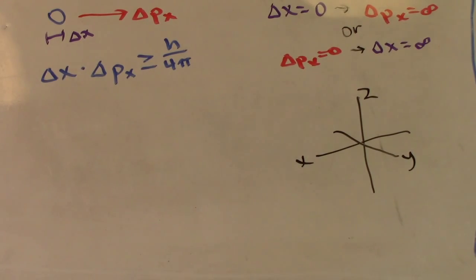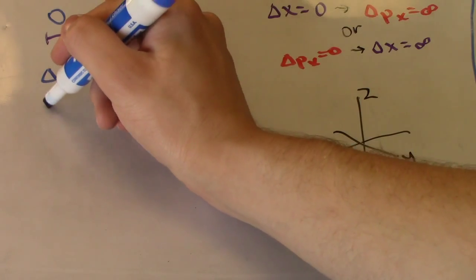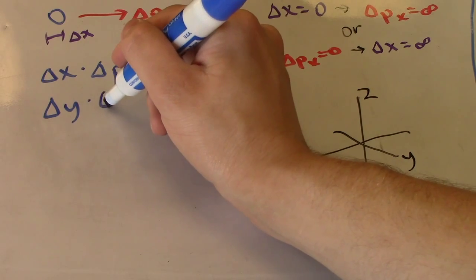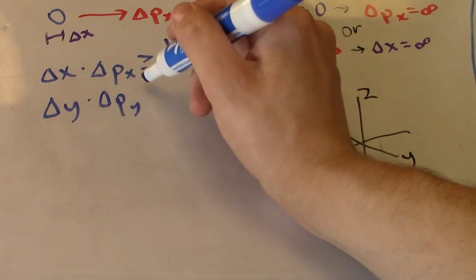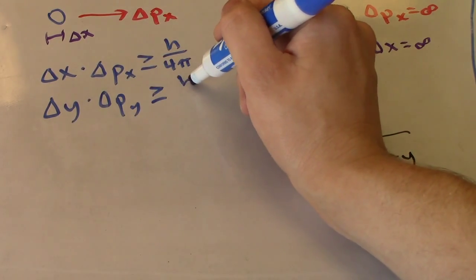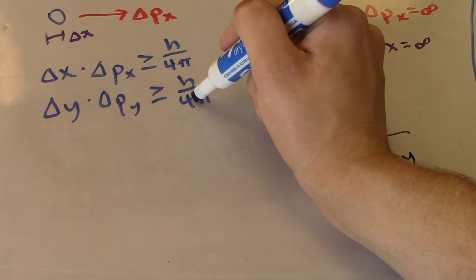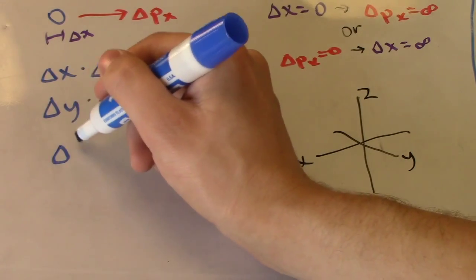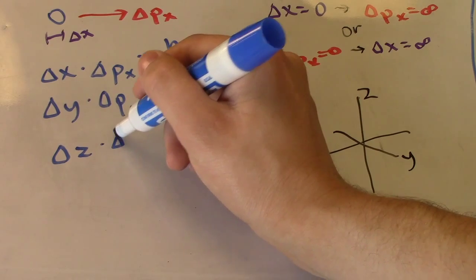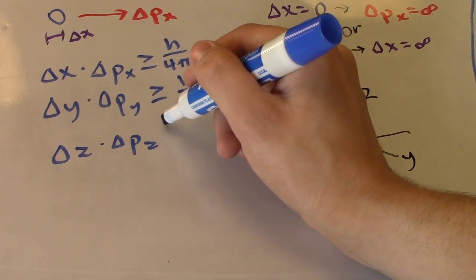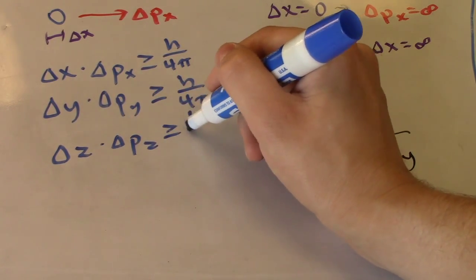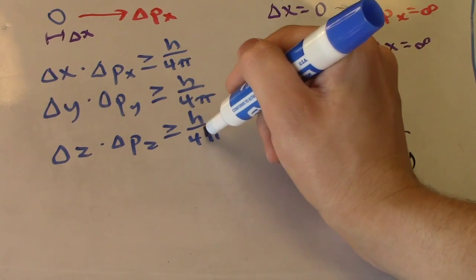I.e., I can know the exact position in the y direction and the exact momentum in the z direction, and that would not violate the Heisenberg uncertainty principle. Throughout the course of this video, I will focus exclusively on the x-axis, however. I just want you to be aware that everything I say applies to the y and z axes as well.